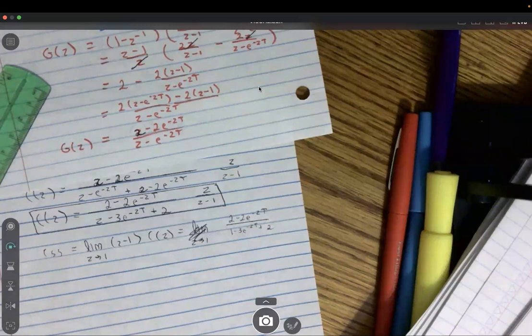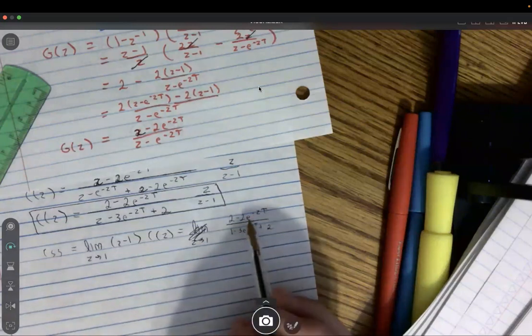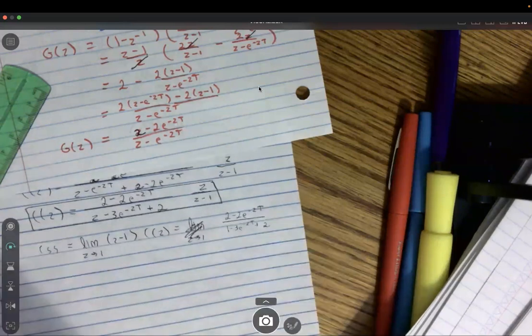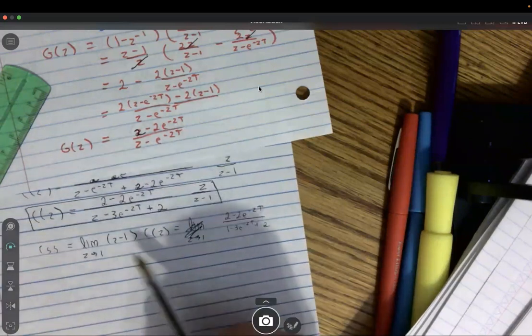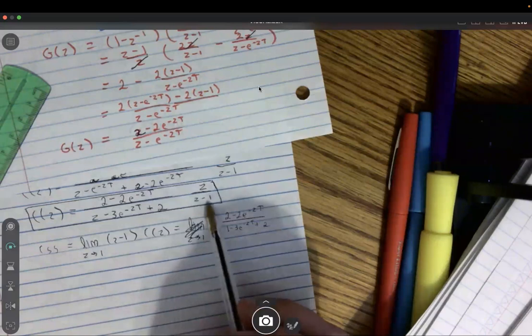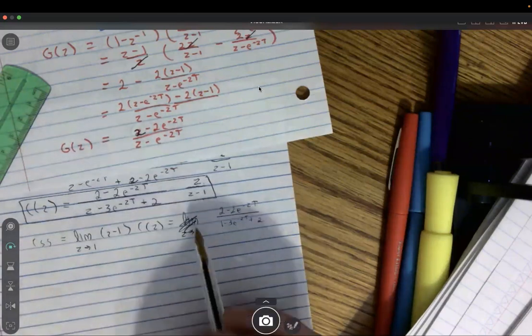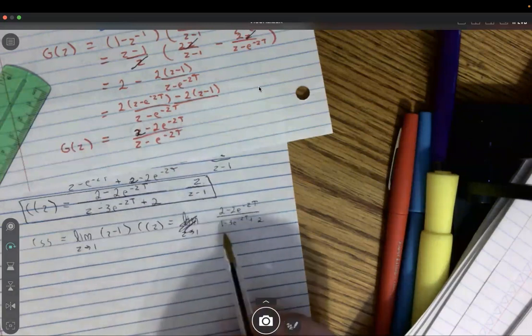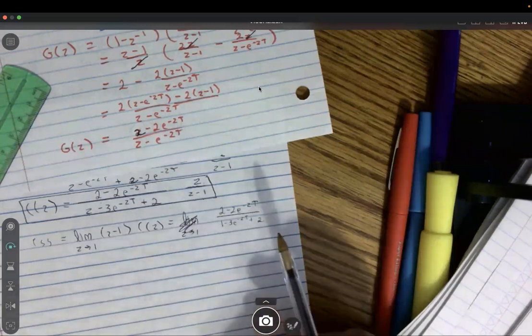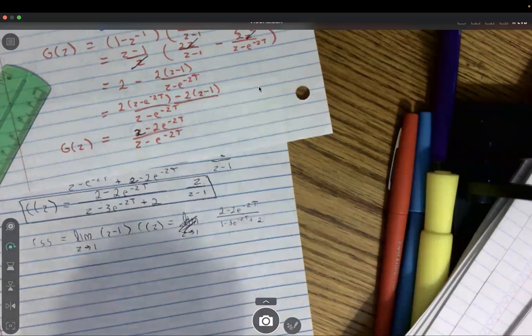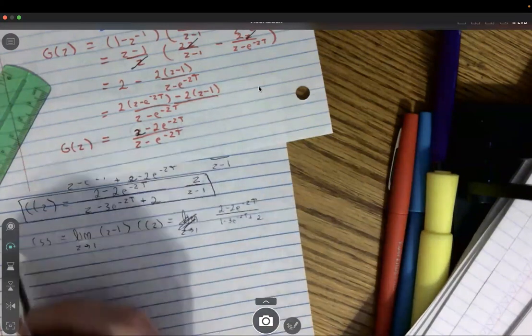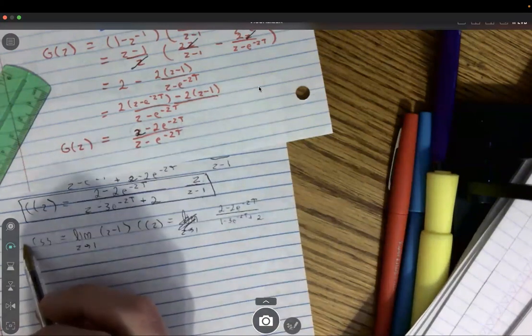The z minus 1 cancels that one, but we'd still have our z here, and then plugging in 1, that'd just be 1, 2 minus 1 minus 3. So based on our sampling time, that's going to determine our steady state output for our equation.